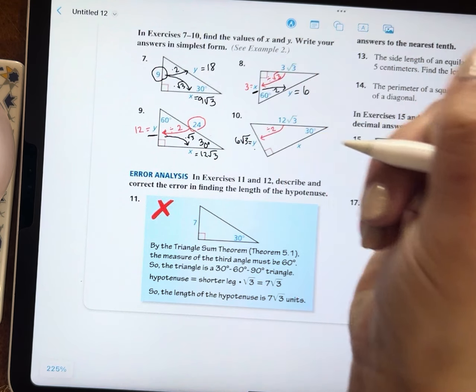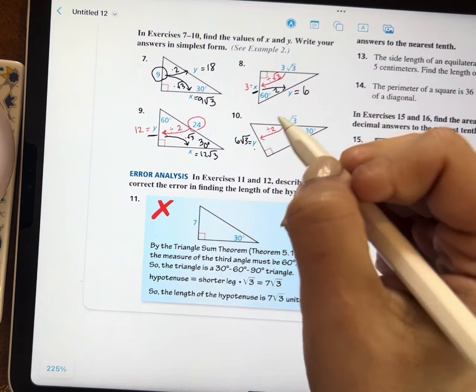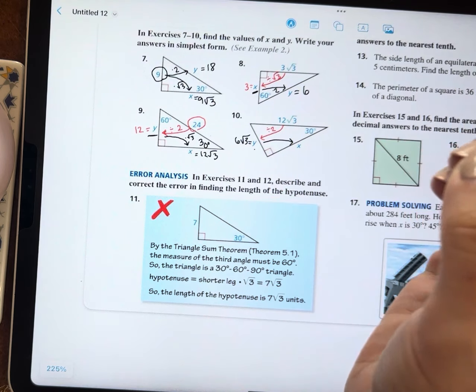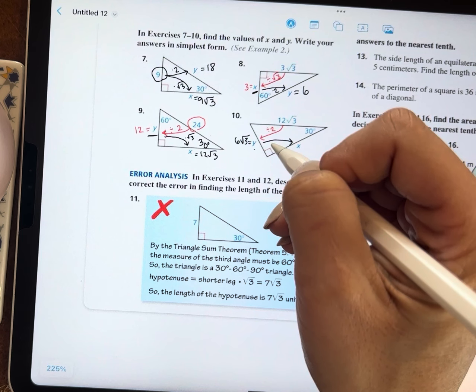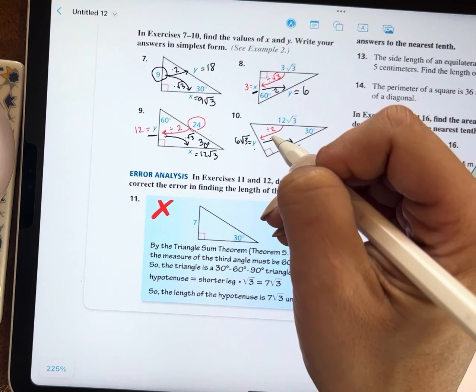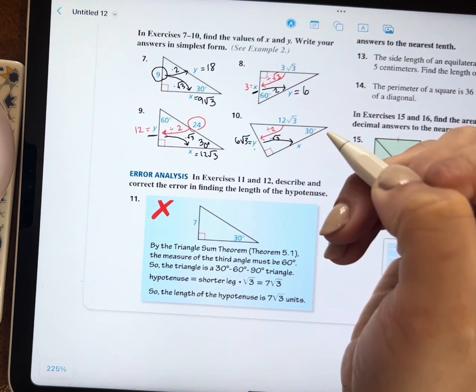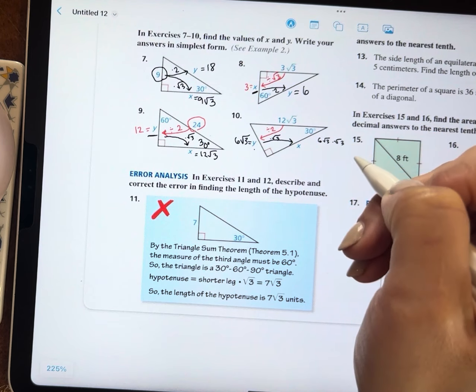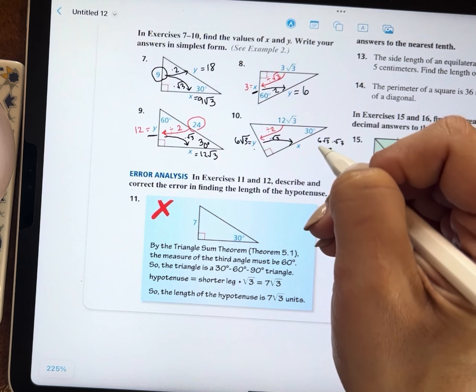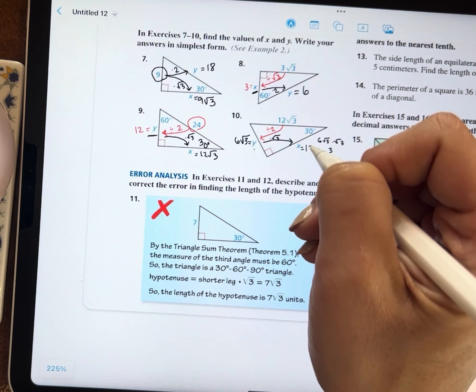Okay, now I've got the short leg. I go to the long leg by multiplying by rad 3. So 6 rad 3 times rad 3. Rad 3 times rad 3 is 3, times 6 makes x equal to 18.